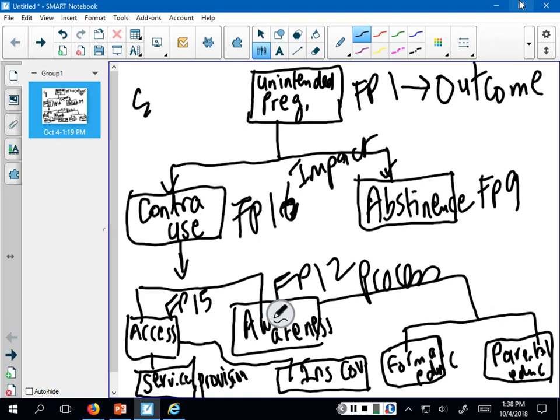So for each process objective, for FP12 and for FP15, you're going to develop an action plan, okay, that lists the activities, the tasks that you will need to complete in order to achieve that objective. So if you have two objectives, in this case, FP12 and FP15, how many action plans do you need to develop?